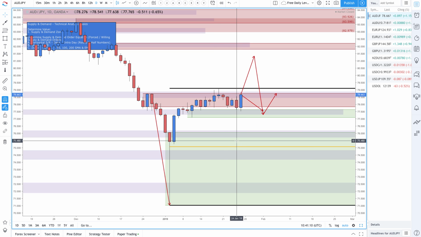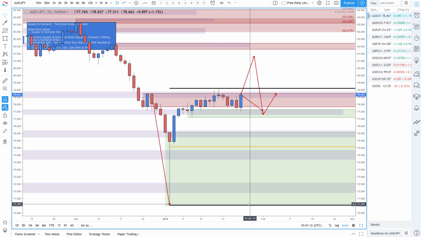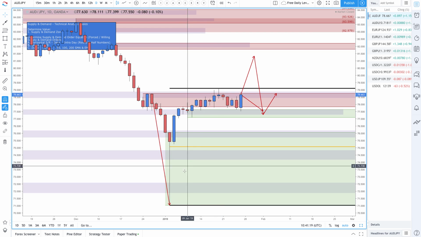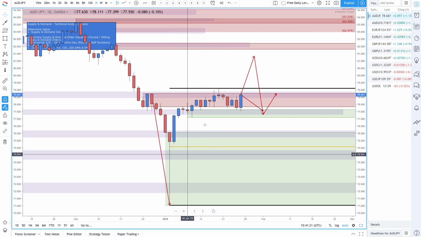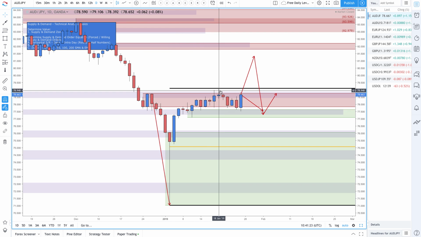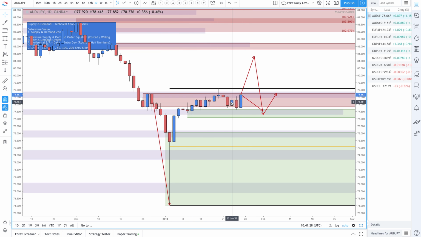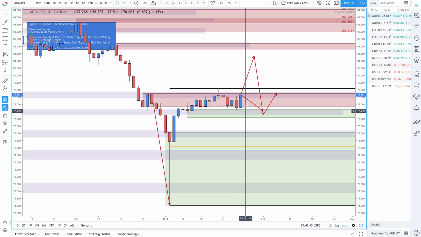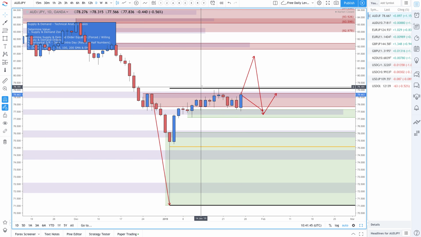You're buying at the lows, that would be fair value, and that would be considered an expensive area for the Japanese yen, right? So highs and lows of ranges or potential ranges are considered bargain areas, along with obviously supply zones. So hopefully you understood that, but this would be a cheap area for the Japanese yen.